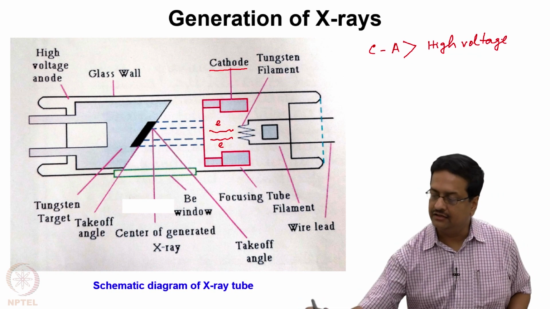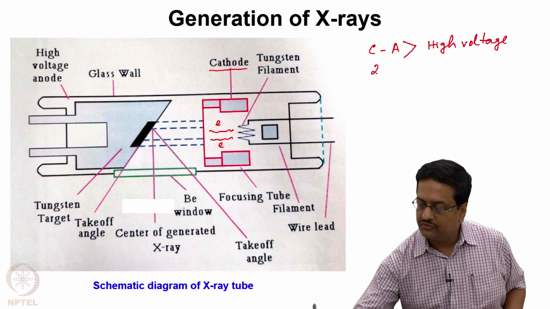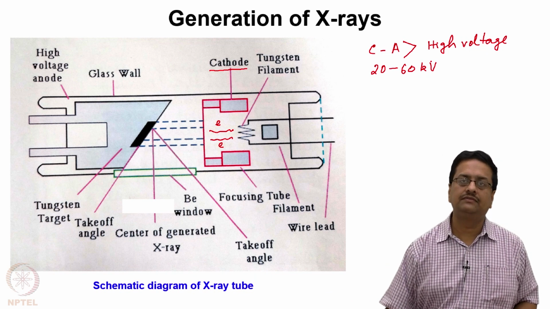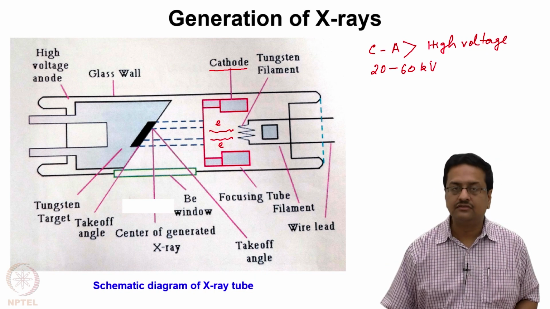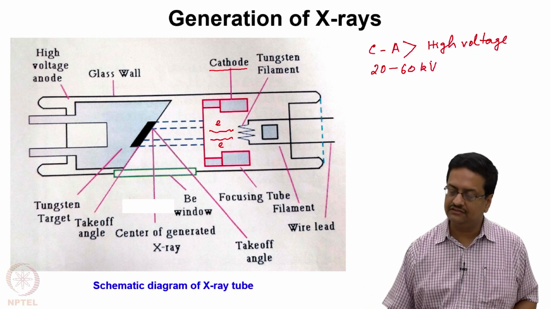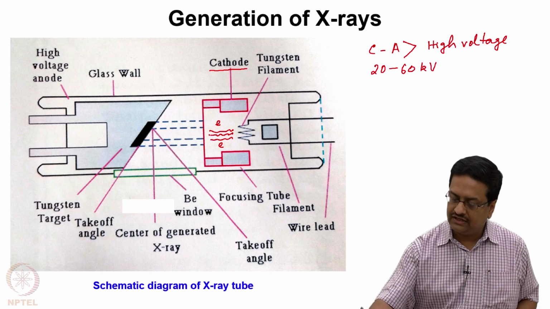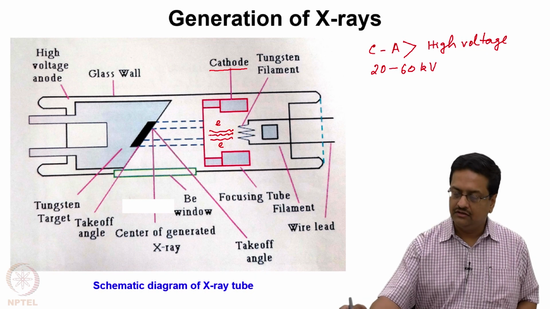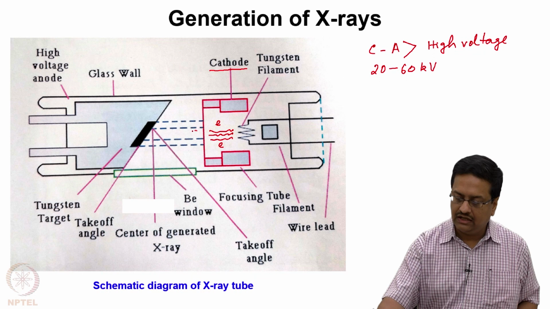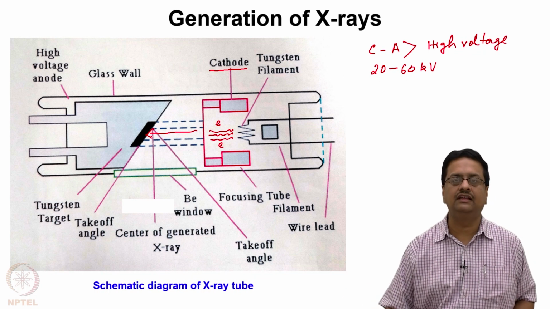In general it is about 20 to 60 kilovolt in different laboratory sources. Under the influence of that very high potential difference, the electrons emitted from the filament run at very high velocity towards the anode and collide with the anode.